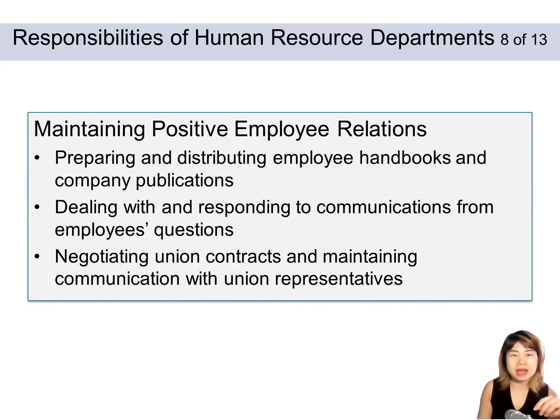Next up, we have employee relations. So, organizations need to build good relationships with employees. It's just like boyfriend, girlfriend. Boyfriend, girlfriend need to work on building a good relationship with each other to maintain that status, that relationship, right? So let's take it for example, like the organization is like the boyfriend and the employee is like the girlfriend.